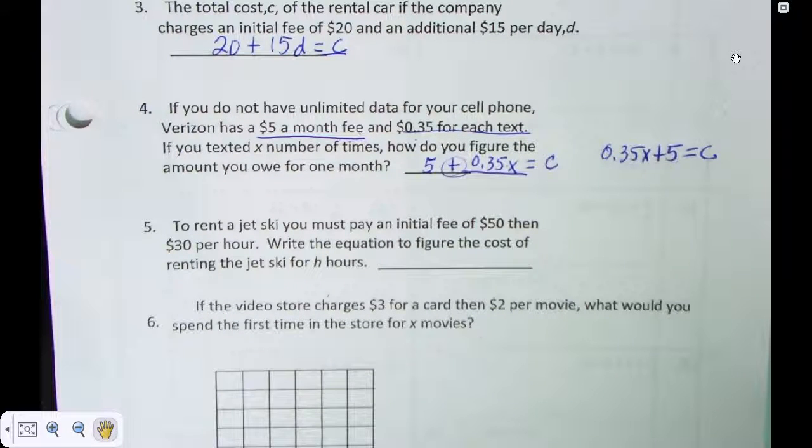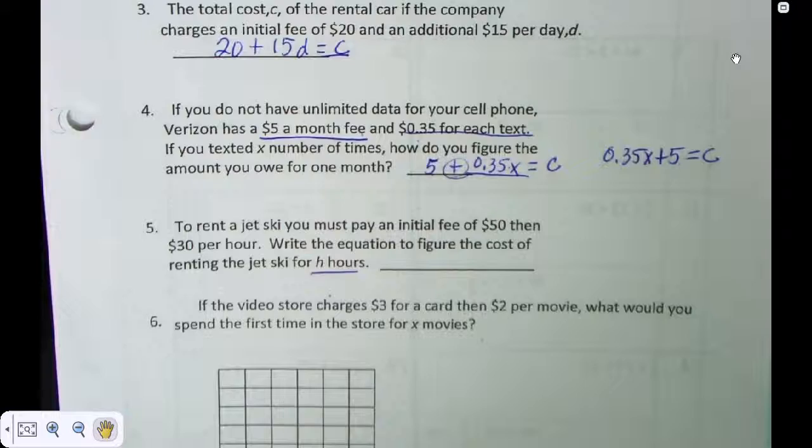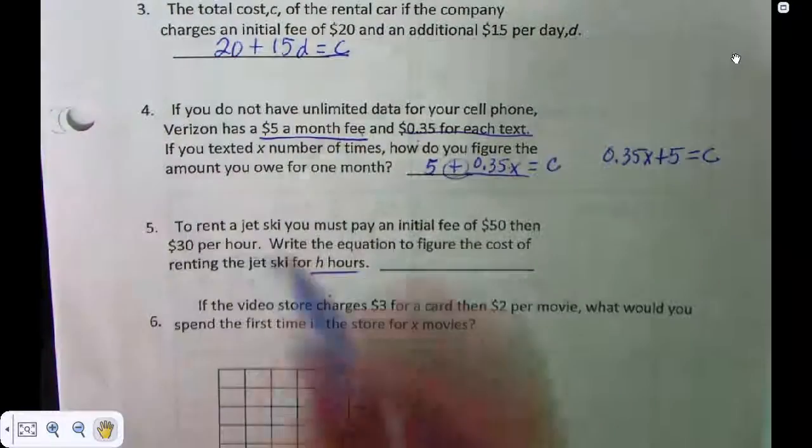Initial. Madison. Good, Madison. What are you thinking? You're going to rent it for H hours. Or are they going to charge you for each hour? 30.